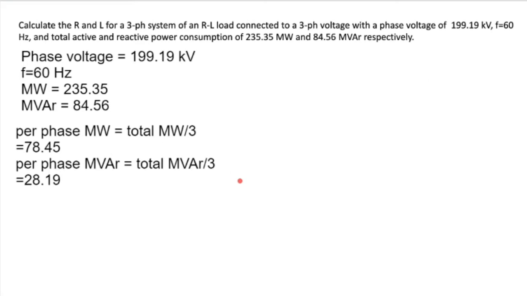When we have this per phase MVA, we can now calculate the power factor, cos phi.